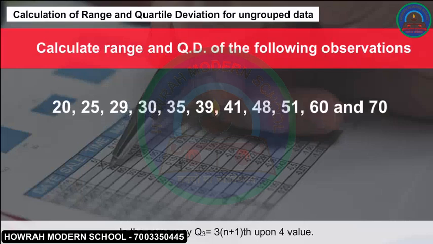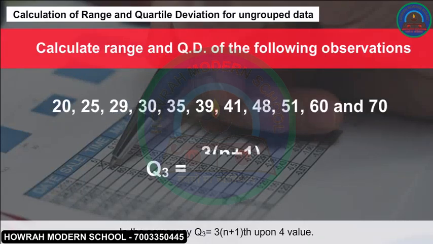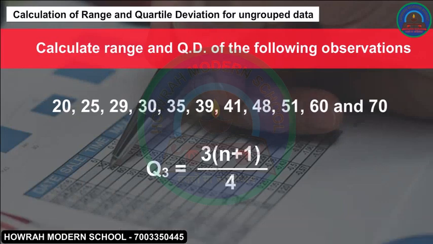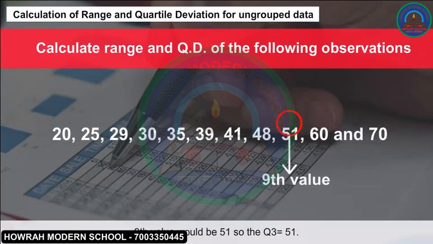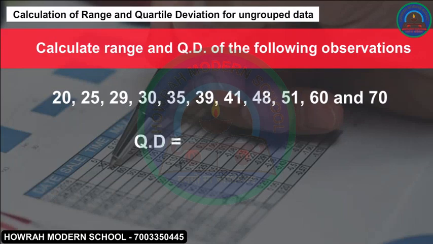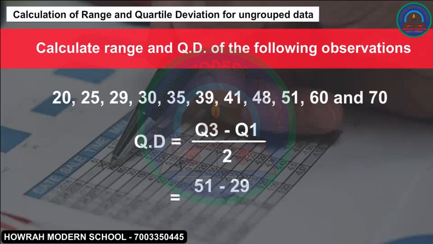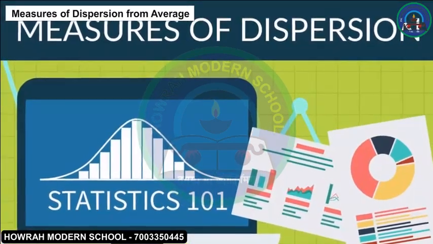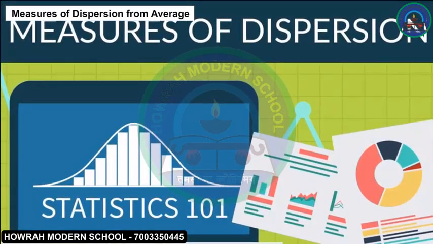In the same way, Q3 is equal to 3(n plus 1)th upon 4 value. Ninth value would be 51. So, the Q3 is equal to 51. QD is equal to (Q3 minus Q1) upon 2, which is equal to (51 minus 29) upon 2, which is equal to 11.